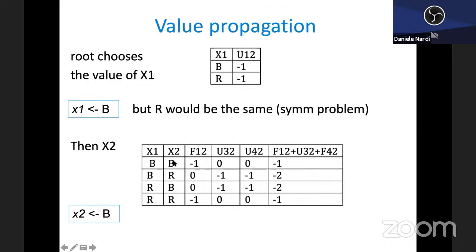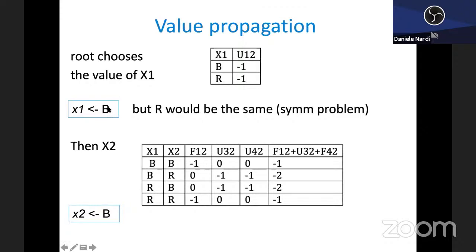And x2, knowing that x1 is blue, can in turn choose what value to take. So if x2 chooses blue, then the value will be -1. And if x2 chooses red, then the value will be -2. In fact, it turns out that this is exactly the same table that was used in order to compute the message to be transmitted to X1 in the utility propagation phase.